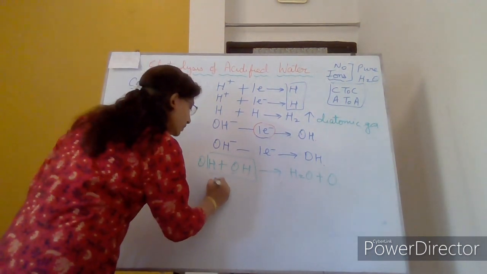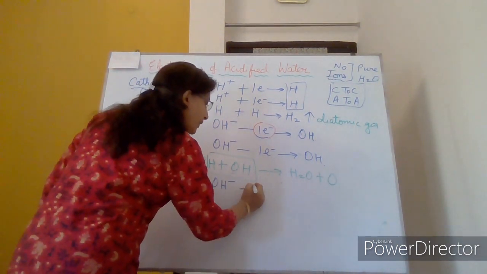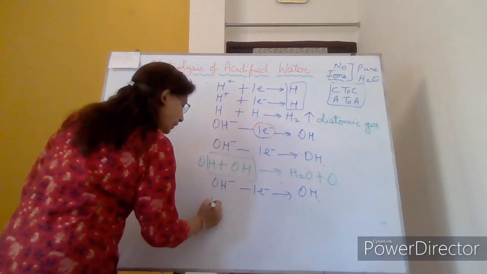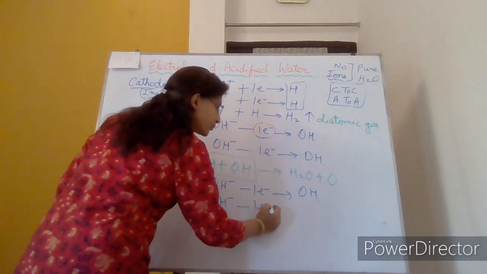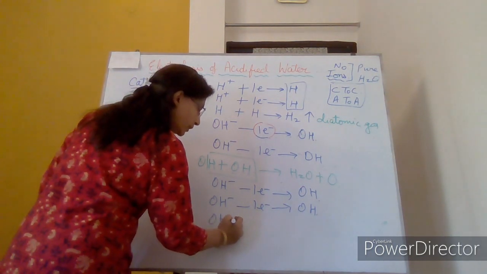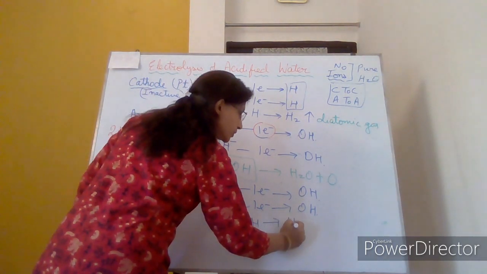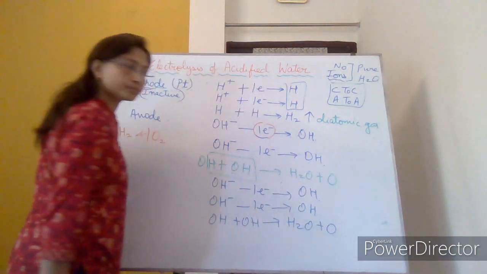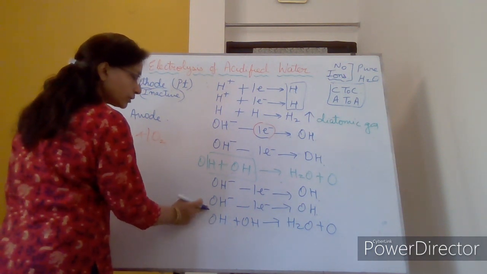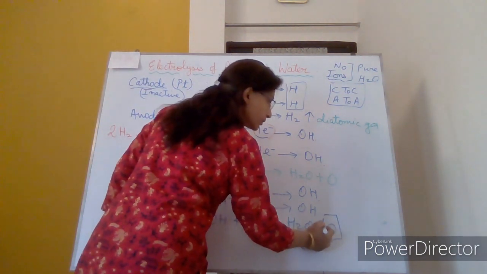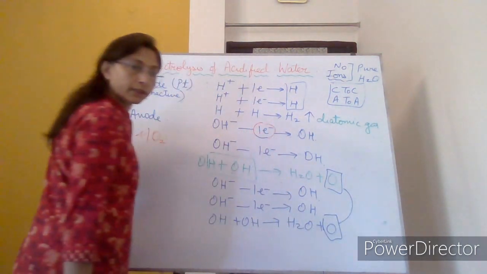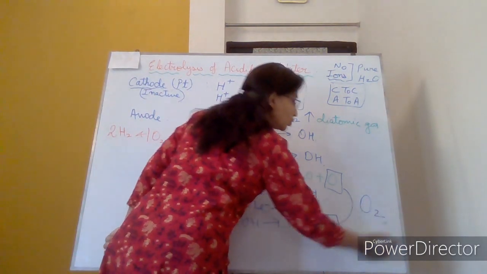Now here comes the next OH negative. Minus 1 electron will give you OH. Another OH negative, minus 1 electron gives you another OH. Now both the OH will combine to produce H2O plus O. So now what is happening here is that this oxygen and this oxygen will produce O2.